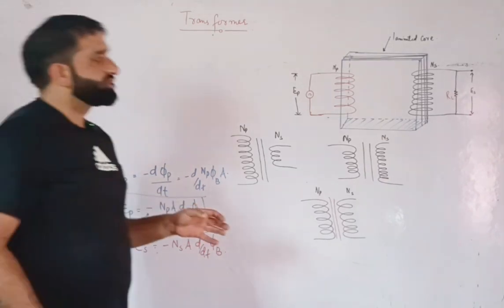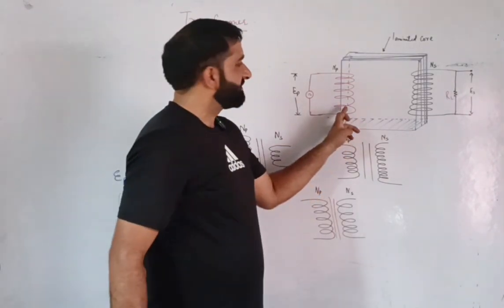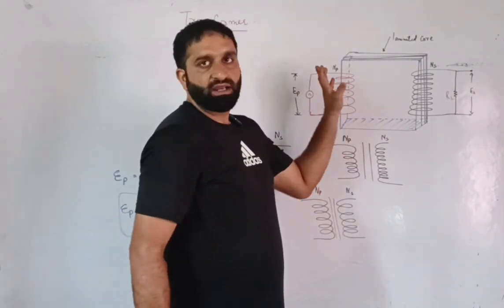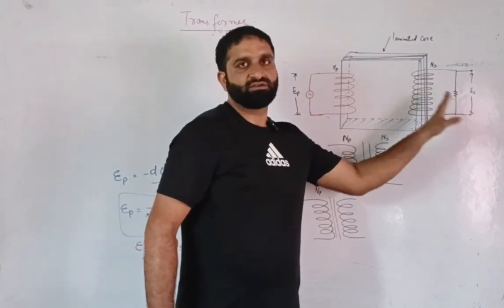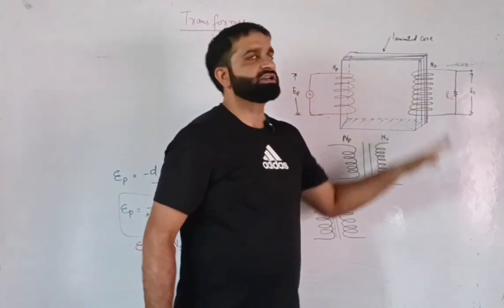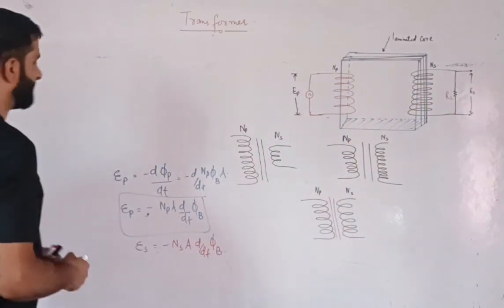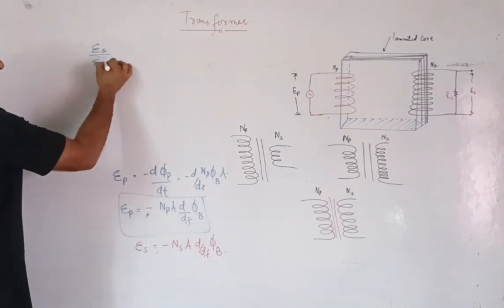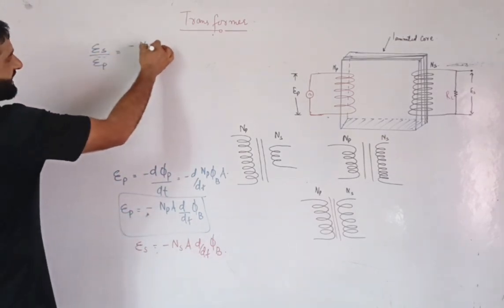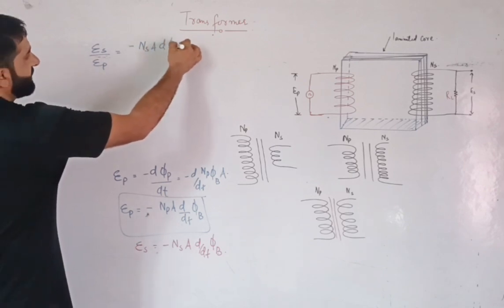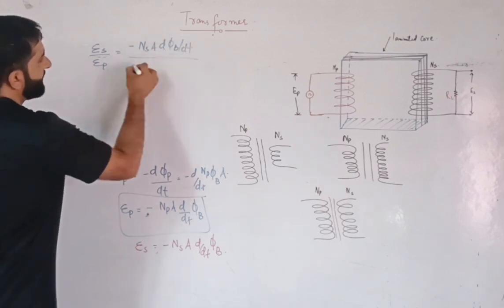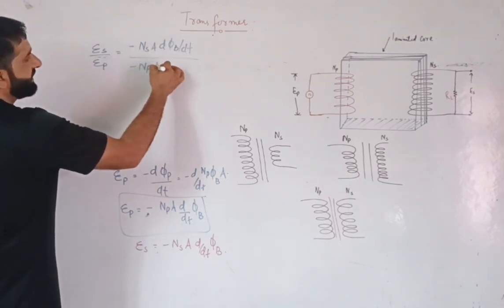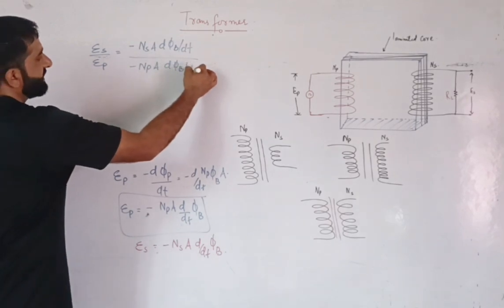Now taking the ratio, and assuming that all the flux that is linked with the primary is channelized to the secondary, that means the rate of change of flux with the primary is equal to the rate of change of flux with the secondary. So ES divided by EP will be equal to minus NS into A d phi B by dt divided by minus NP into A d phi B by dt.